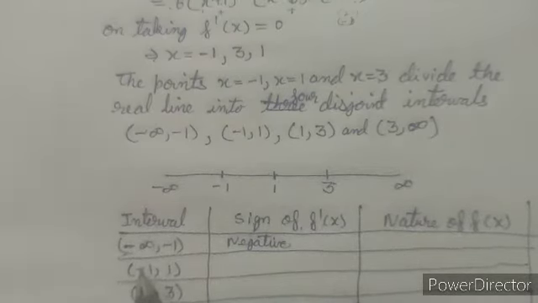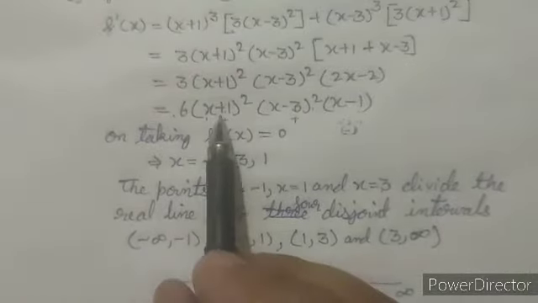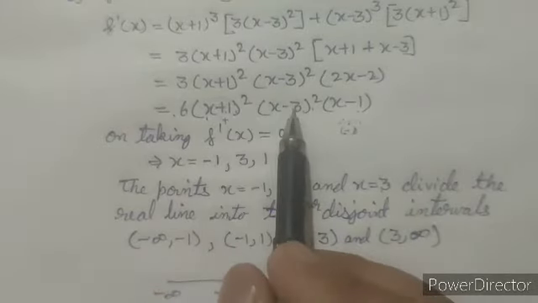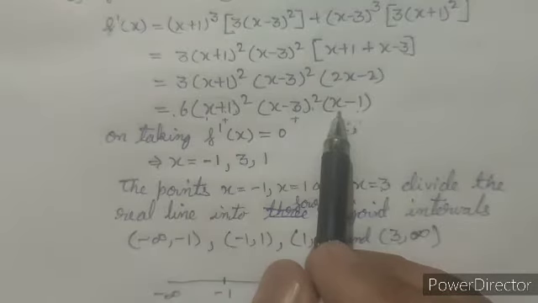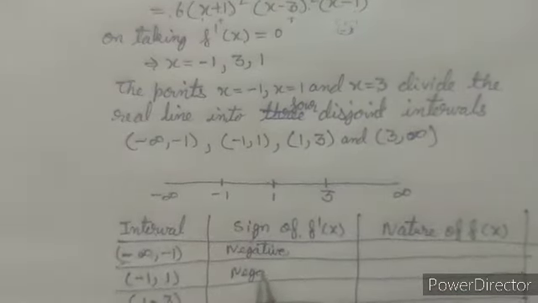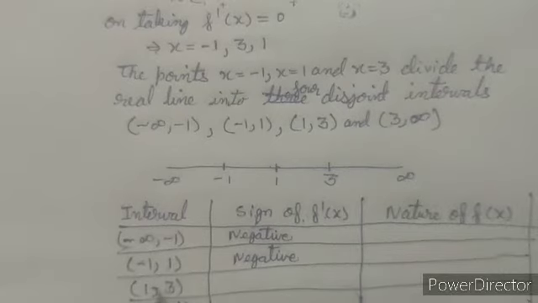Now similarly, from minus 1 to 1, we will take a point. Suppose between minus 1 and 1, I am taking the real number 0. Now on taking 0 here, the first factor will give us a positive sign, and this will give us a negative sign. That means it will also be negative. Now third, 1 to 3. Between the interval 1 to 3, I am taking 2.